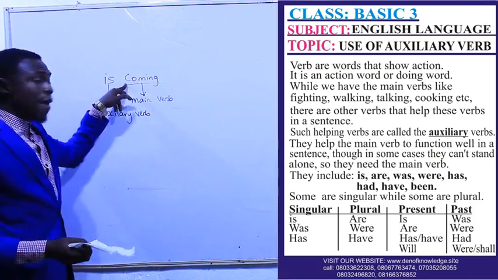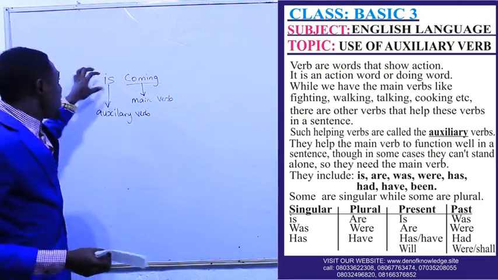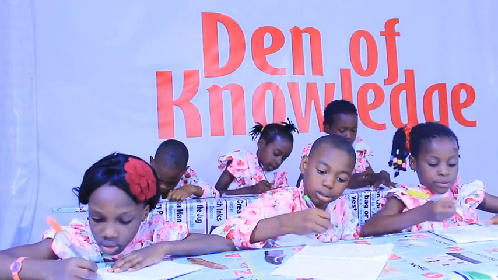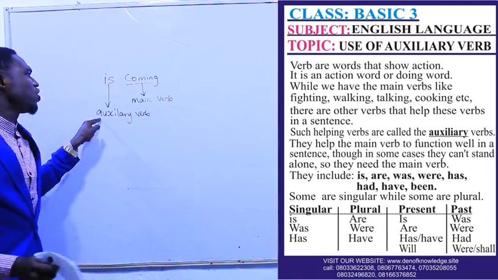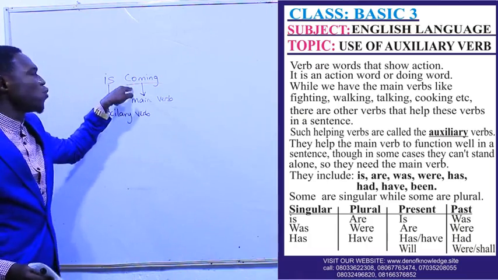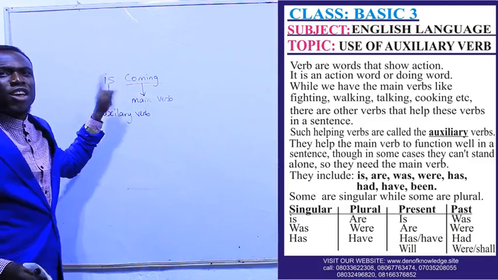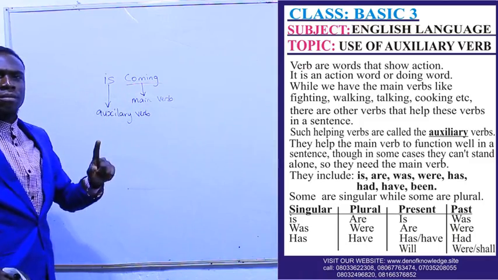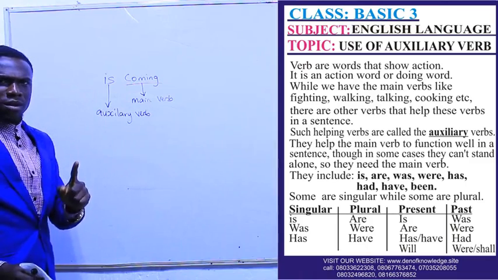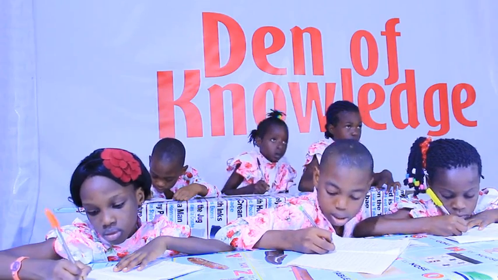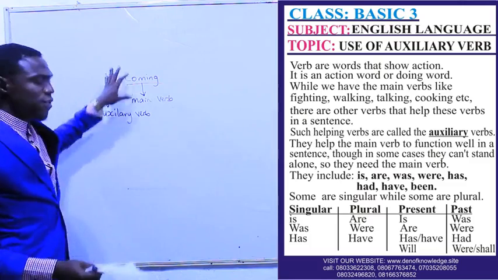This one is the main verb because it's the main action. This one is also a verb, but you may not see it as an action. Mind you, it is a verb because it helps this one to function well. If you remove this one, you say, he coming. He coming. How does it sound? That's why you must put this one because it helps this one.